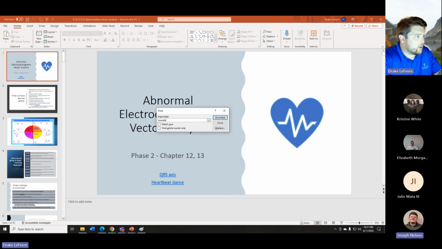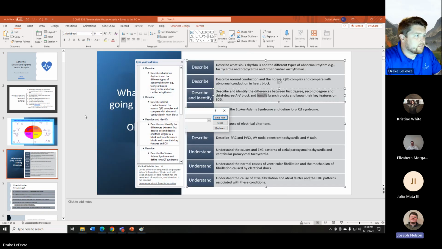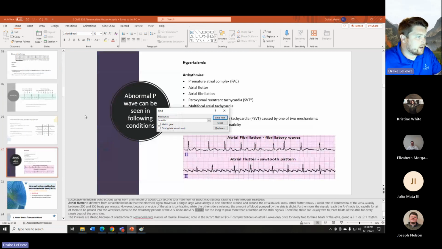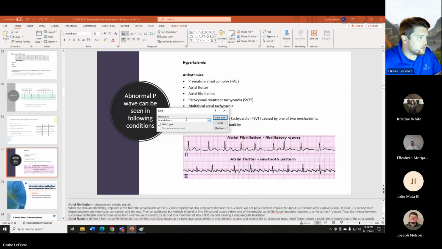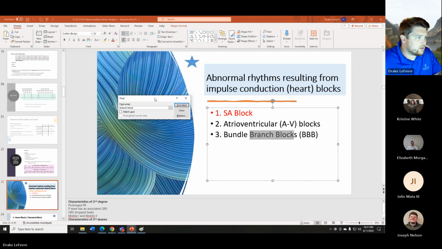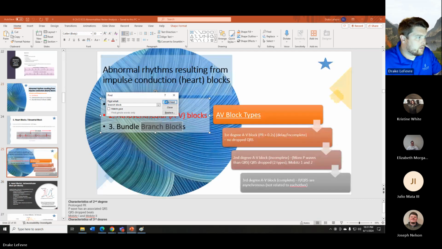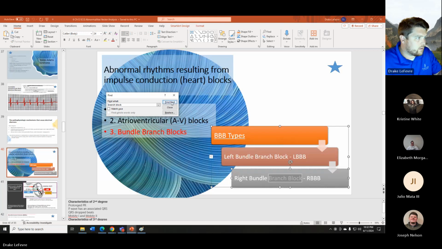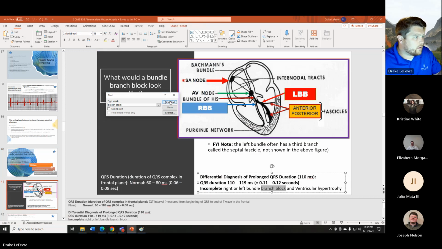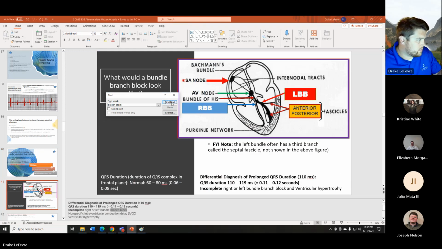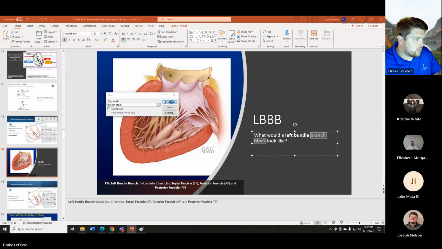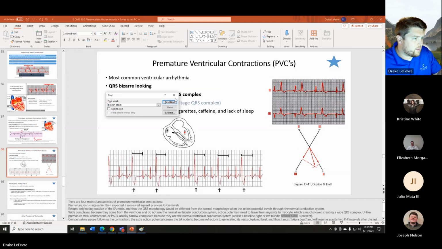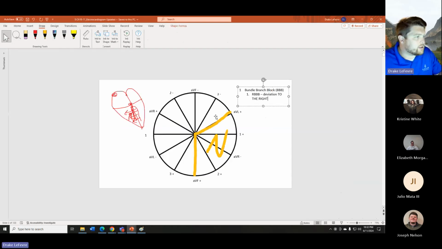Left to the left bundle branch and right to the right bundle branch. Okay, could you repeat that?